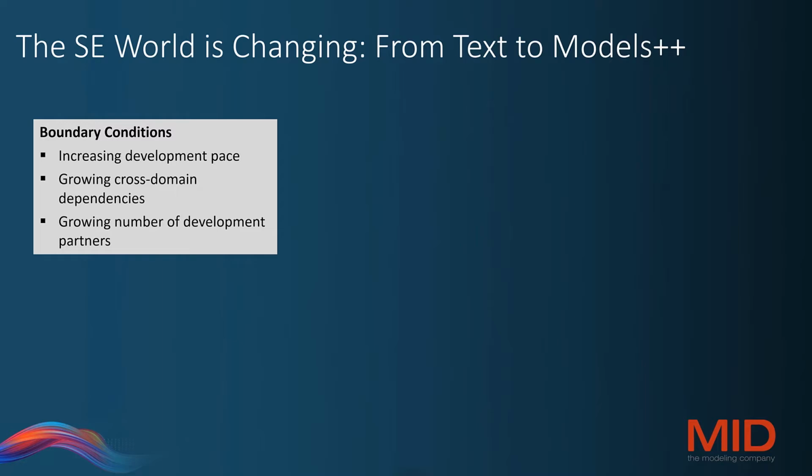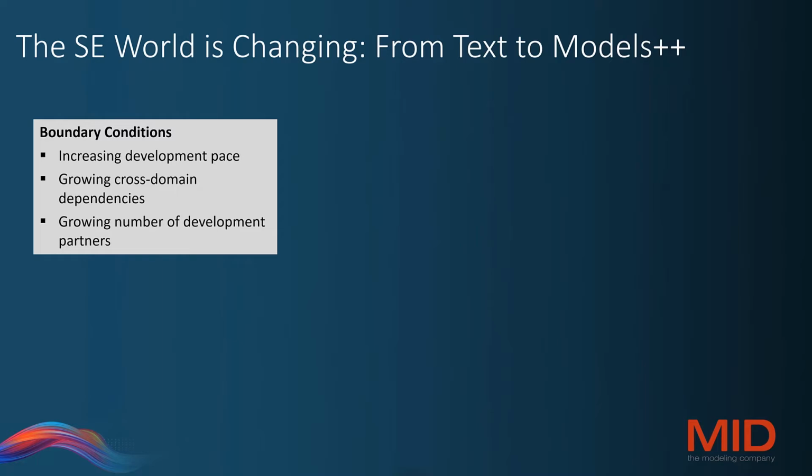So with model-based systems engineering evolving across all industries, we are confronted with new challenges concerning our development processes, our methodologies, but also the ways we interact with partners, OEMs, and suppliers.